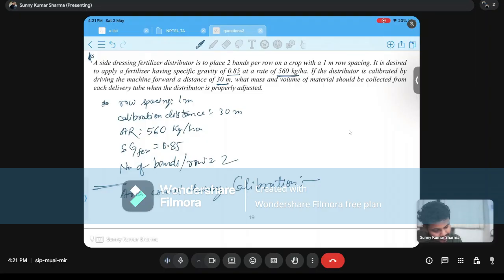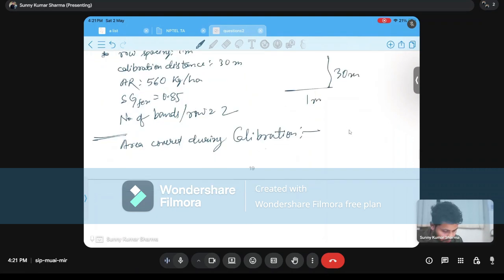If the distributor is calibrated by driving the machine forward at a distance of 30 meter, 1 meter row spacing and 30 meter forward distance it is covering. So what is the area covered? 30 meter square. So the area covered during calibration is 30 meters square.